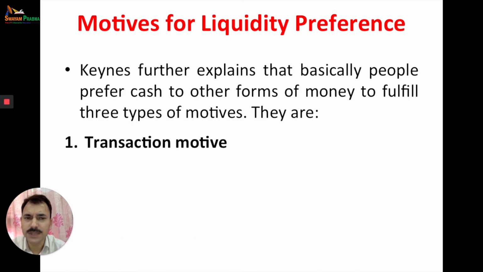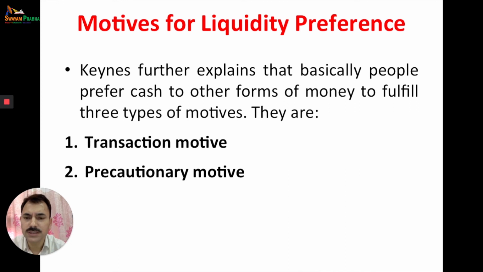Keynes further explained, basically people prefer cash over other forms of money to fulfill three motives. It's very, very important. Keynes says that people keep money for three motives. Transaction motive first, day-to-day purchasing, to fulfill the basic requirement or other requirement.